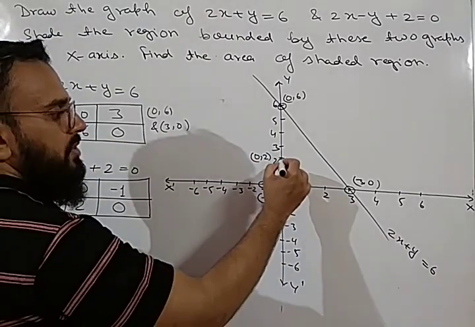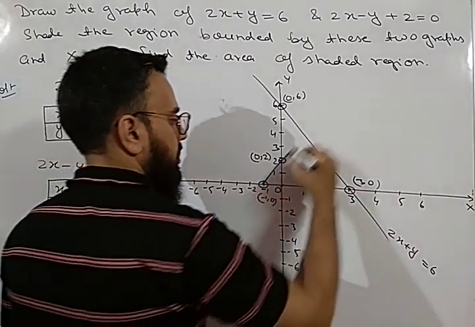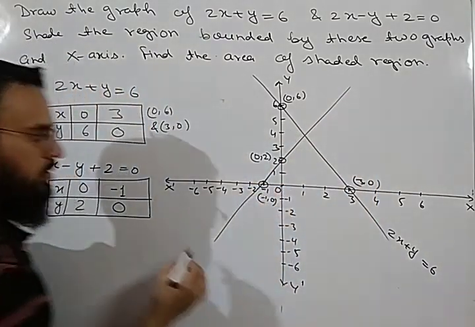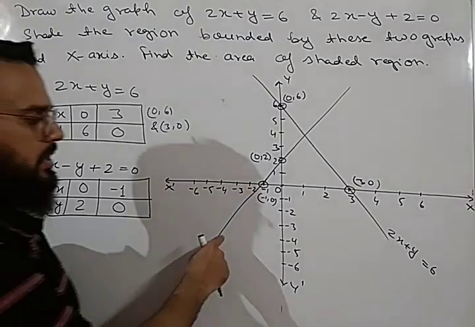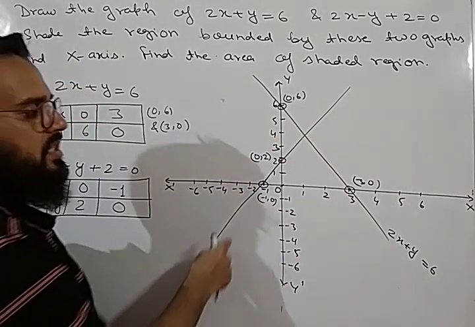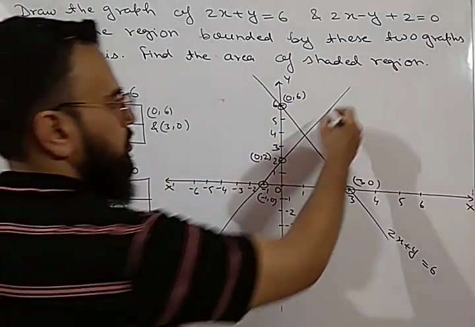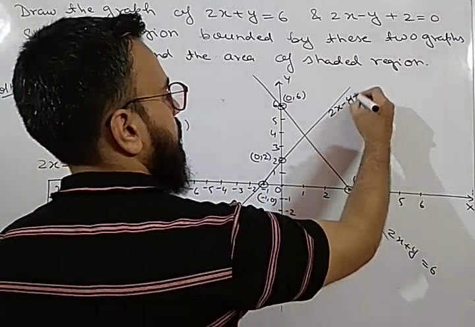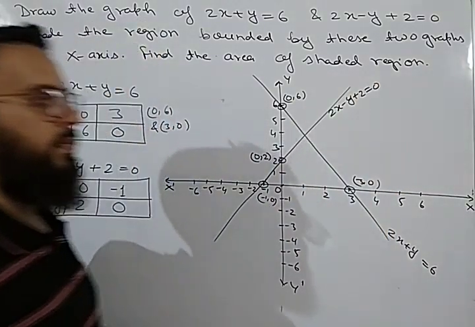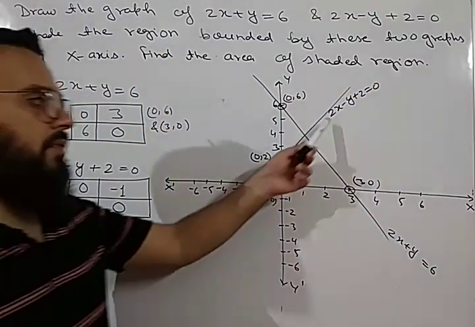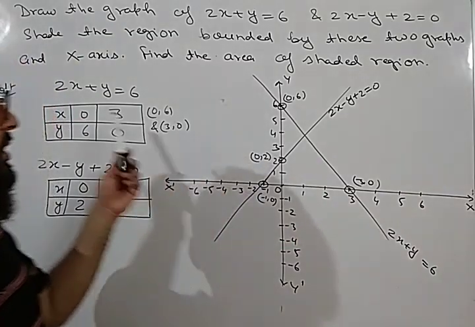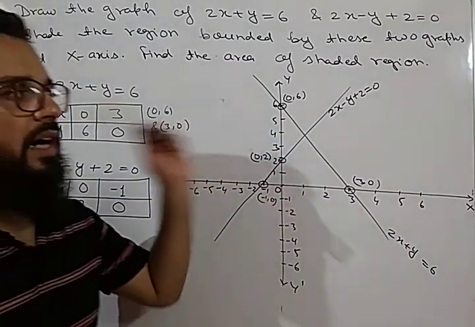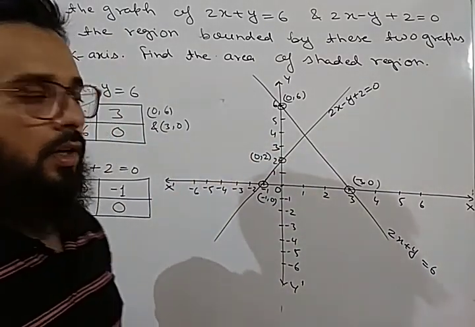If we join both of these points and extend on both sides, this is a straight line which is the graph of the second equation. We can write the equation on this line: 2x minus y plus 2 equal to 0. So these are the two graphs of both the equations. Now what is the question?